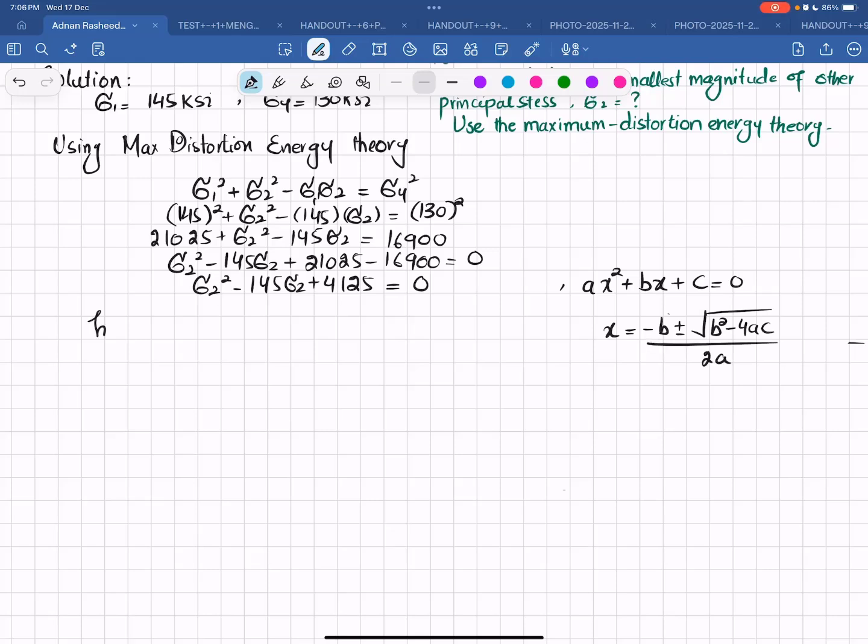So here you can see a is equal to 1 in this equation, b is equal to minus 145, and c is equal to 4125.